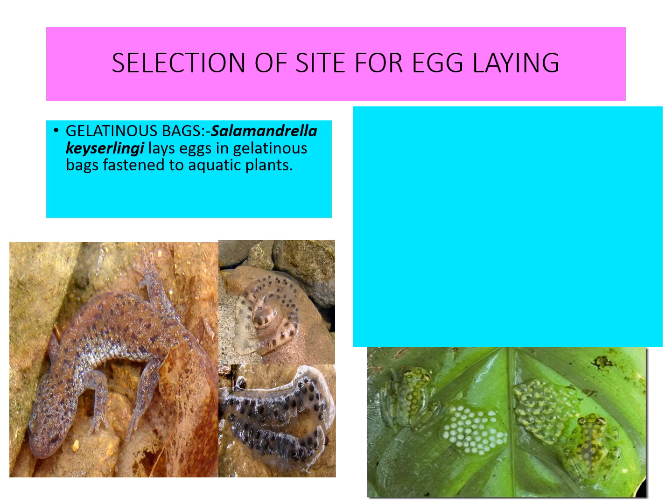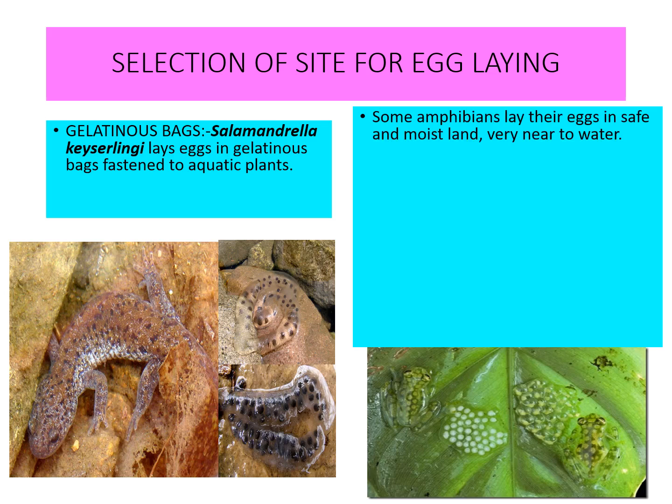Then, selection of the site for egg laying. In the case of Salamandra, gelatinous bags are made. The females lay their eggs in gelatinous bags fastened to aquatic plants.